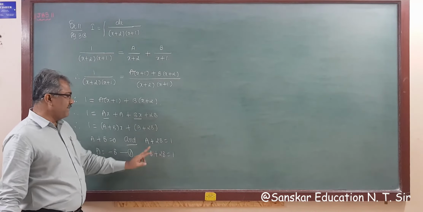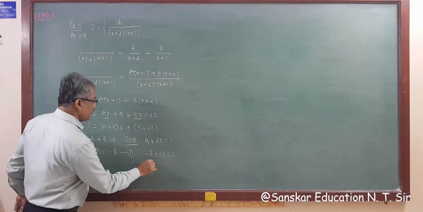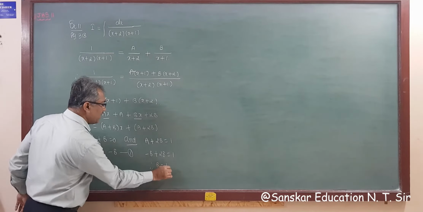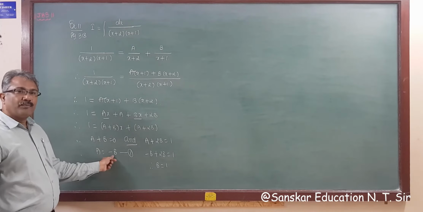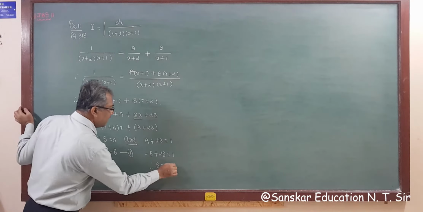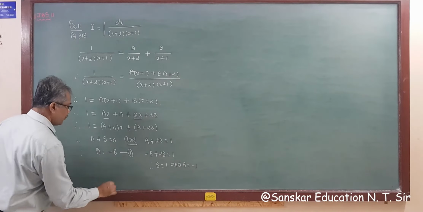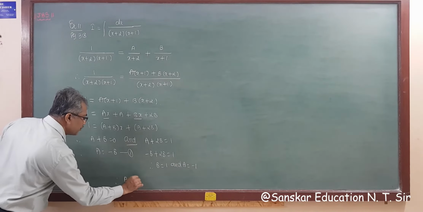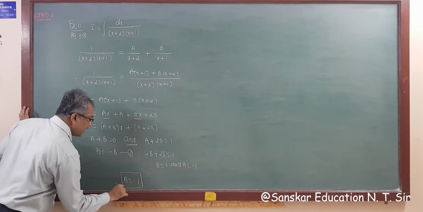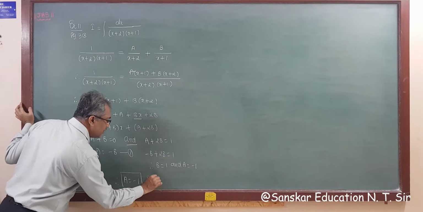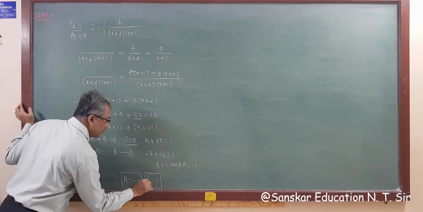That is, twice b minus b is b. So we get b is equal to 1, that is a is equal to minus 1. So a is equal to minus 1, right, and b is equal to 1. So we get these two values.